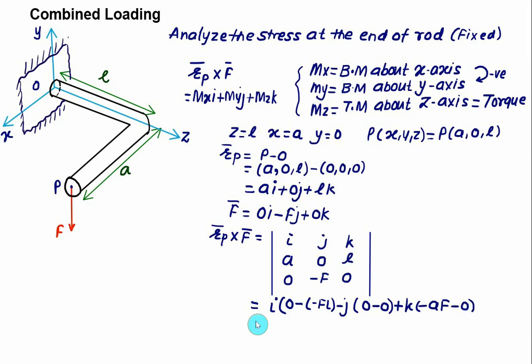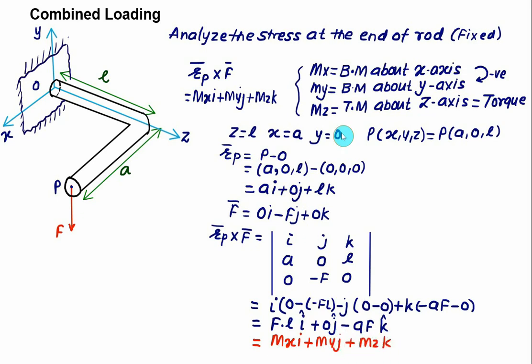So we'll get, minus and minus is plus, F into L times i plus 0 j minus A into F multiplied by k, where i, j, and k are unit vectors. Below this we'll write the standard vector that is equal to Mx i plus My j plus Mz k.